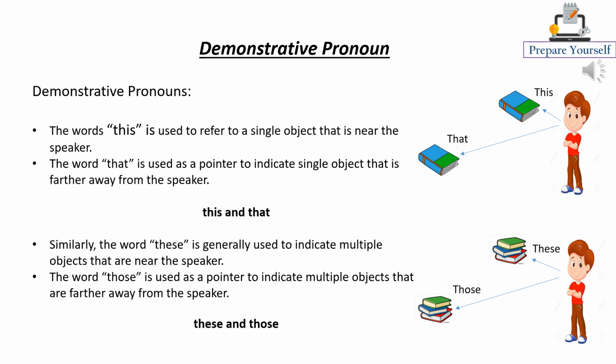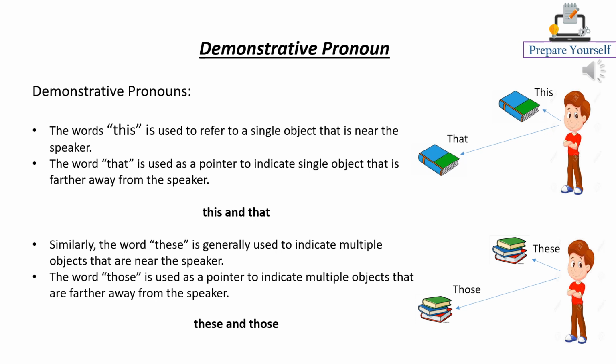Now let's have a look at plural demonstrative pronouns. These indicates books or object near to the boy. Those indicate books or object far from the boy. Let's repeat.